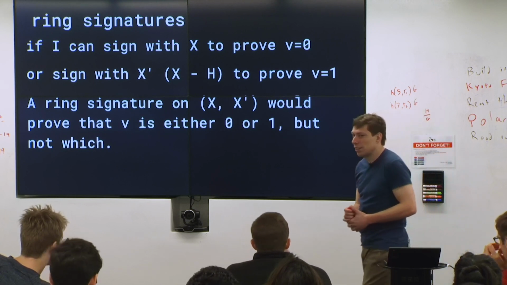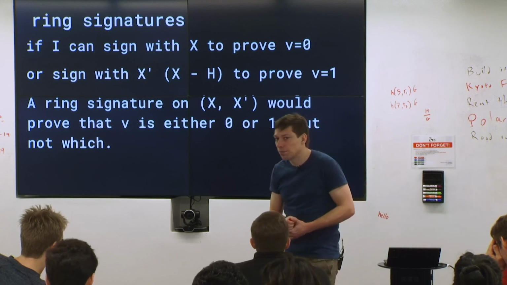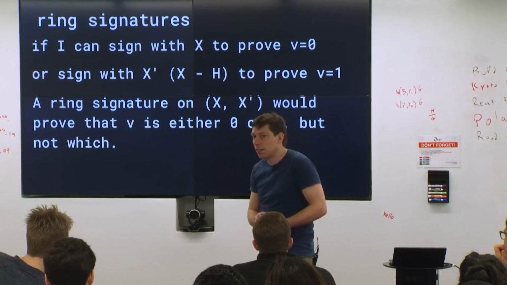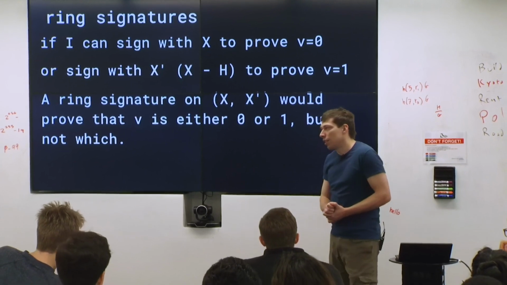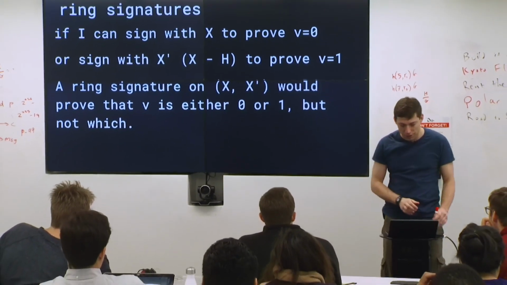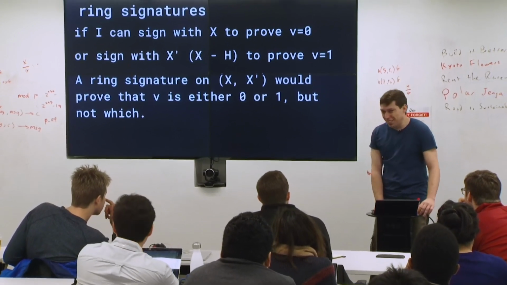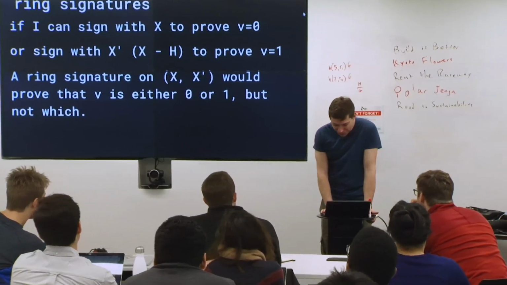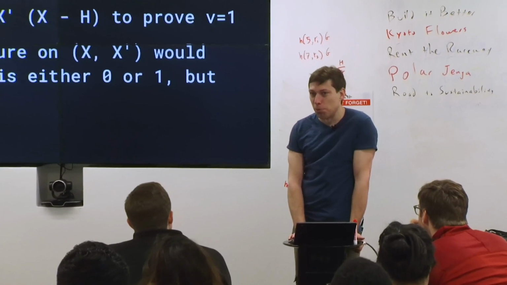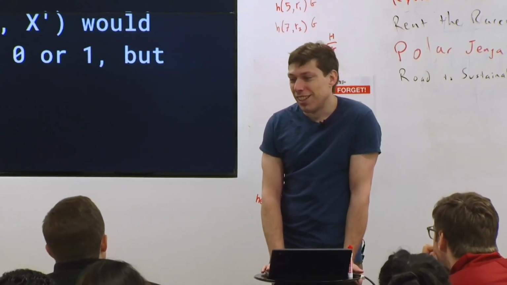Questions on this? Yes? What does the verify look like? How does it verify that? Oh, well, the original scheme is kind of complicated. The one used in confidential transactions is Borromean ring signatures.